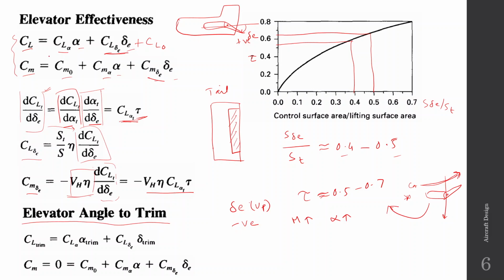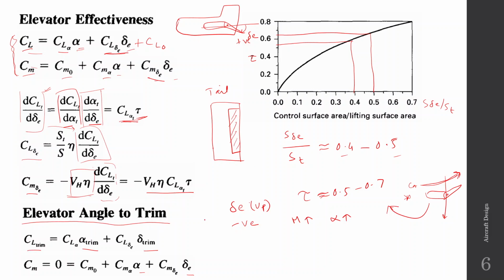Okay, so these are the equations that I've written, which is CL is this and CM is this. Now when we consider the trim condition, we'll replace all the variables alpha and delta E with their trim versions: alpha trim, delta trim, and here also alpha trim, delta trim. And now one important thing is that at the trim condition, we know the CL.